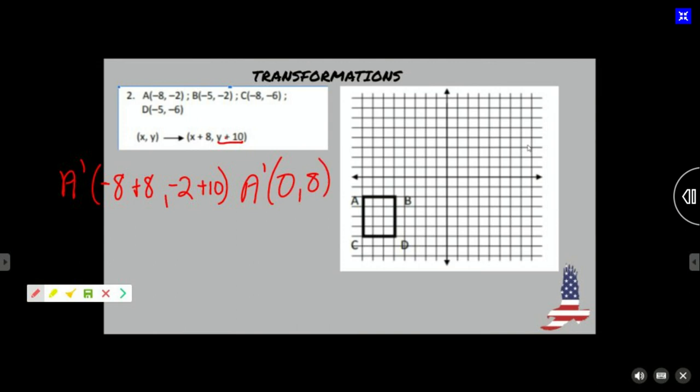So 0, 1, 2, 3, 4, 5, 6, 7, 8. A prime. Looking at, I'm going to count. 1, 2, 3, 4, 5, 6, 7, 8. 1, 2, 3, 4, 5, 6, 7, 8, 9, 10.